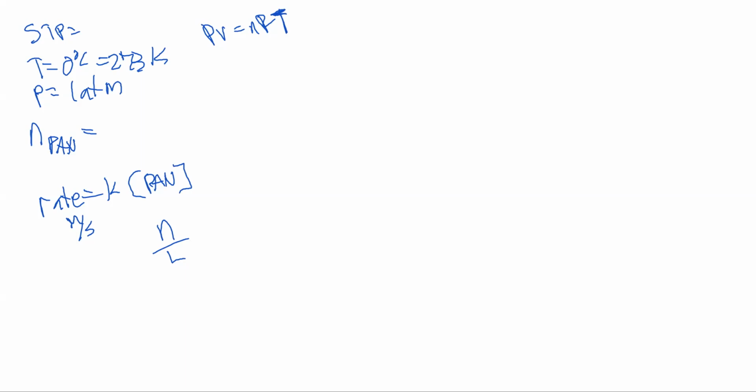We can choose 1 liter, or we can do 1,000 liters, it doesn't really matter. What we do know is that our ratio is going to be 0.35. So let's say that this is a liter, and this would be 1,000,000 liters.